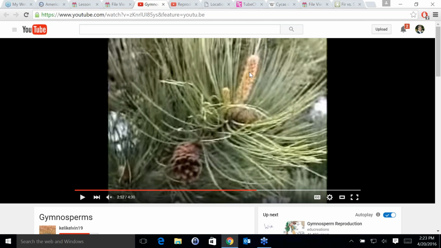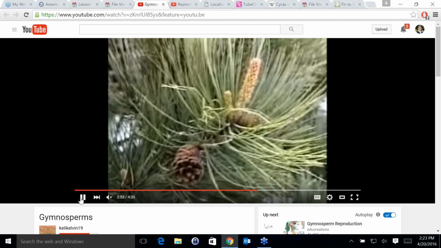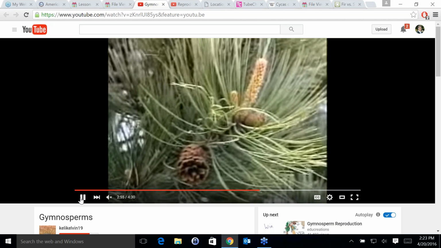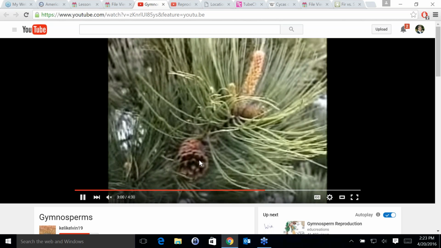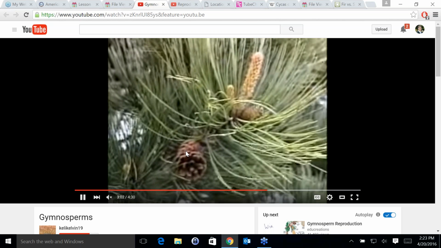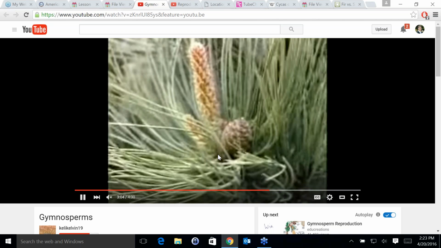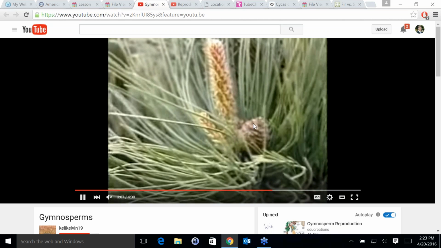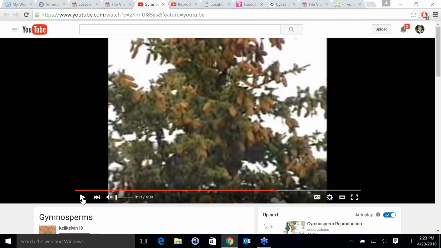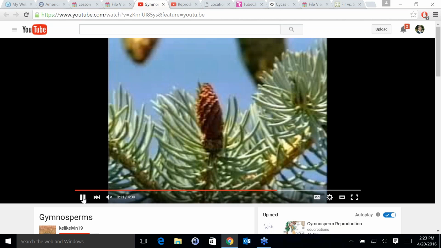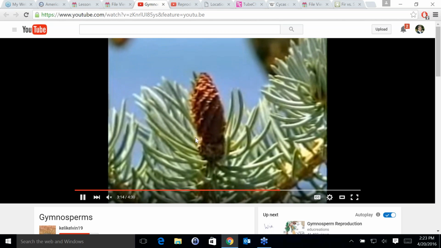The male pine cones are the ones that produce the pollen grains, and they are blown through the air, and they land on the female cones, which then fertilize the eggs and produce a seed.